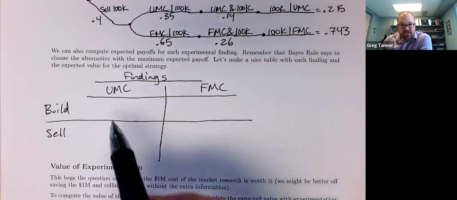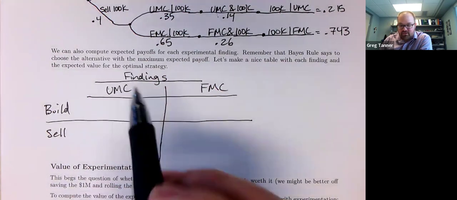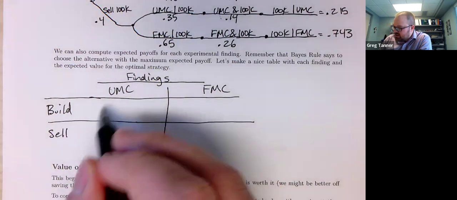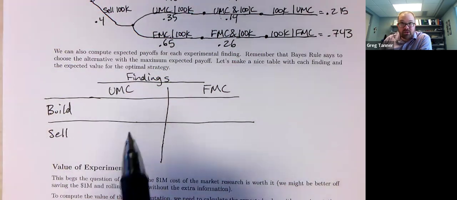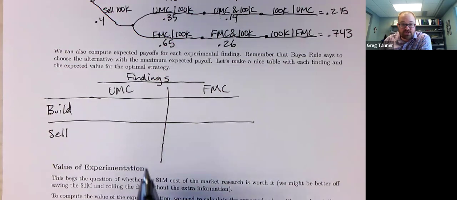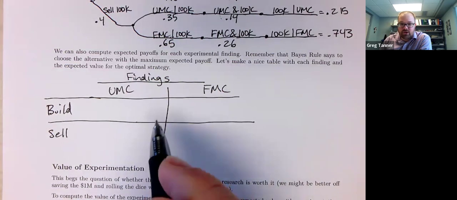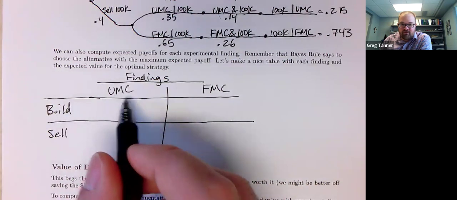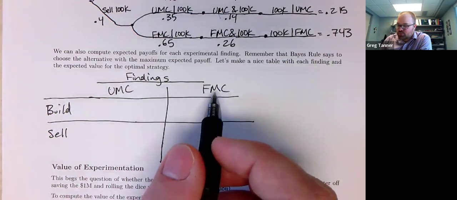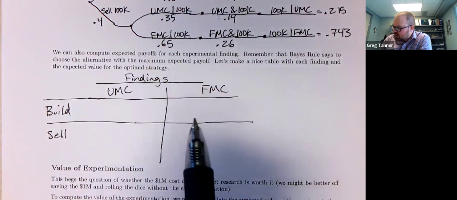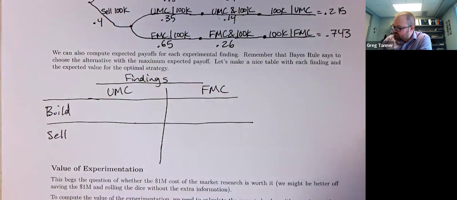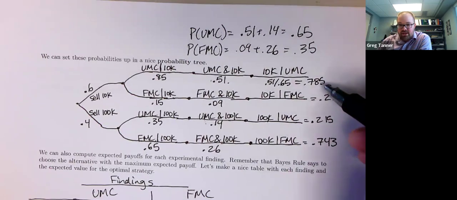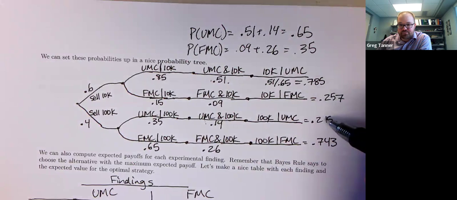So if we decide to build and the market conditions are unfavorable, the key when we're computing these expected values is we're going to use posterior probabilities. And so we're going to evaluate the build alternative under both unfavorable and favorable market conditions, right? So under unfavorable market conditions, we're going to use these two probabilities.